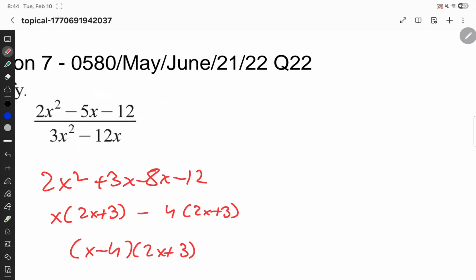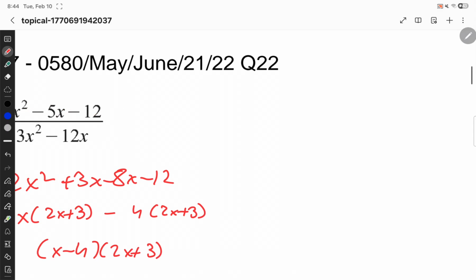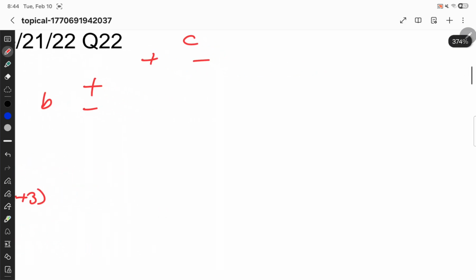Next is the rows, if they need to be all negative, all positive, or one half being negative. That depends on these two. Let's keep a simple table. This will be for the B and this will be for the C. So let's go.